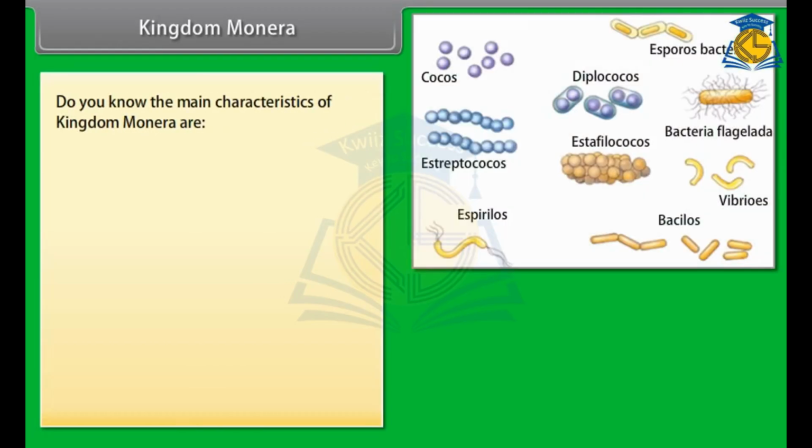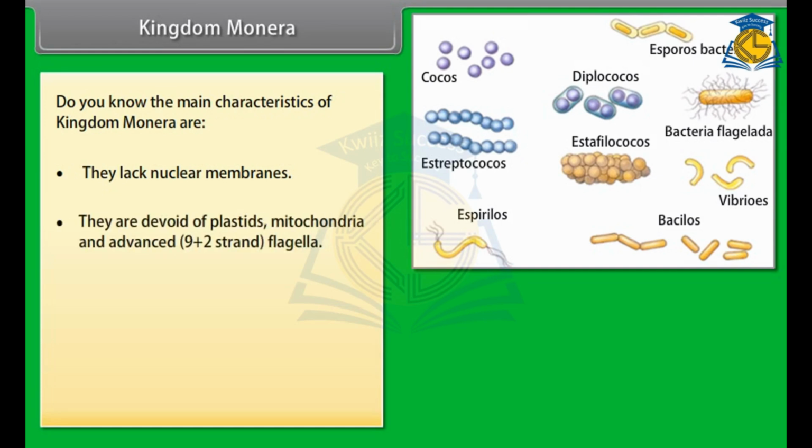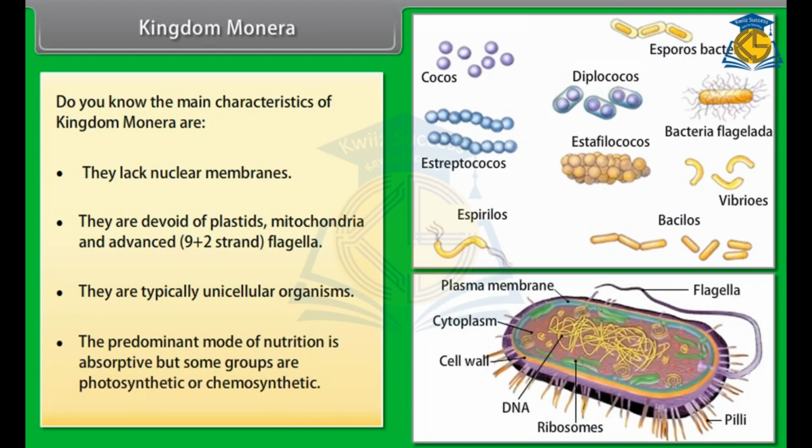Kingdom Monera. The main characteristics of Kingdom Monera are that they lack nuclear membranes, and they are devoid of plastids, mitochondria, and advanced 9+2 strand flagella. They are typically unicellular organisms. The predominant mode of nutrition is absorptive, but some groups are photosynthetic or chemosynthetic.